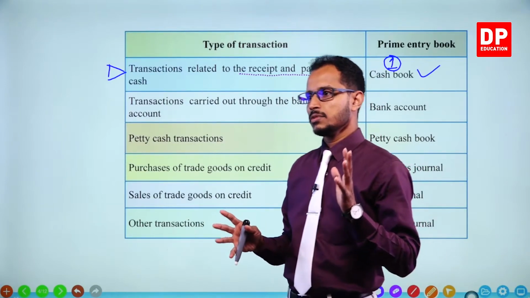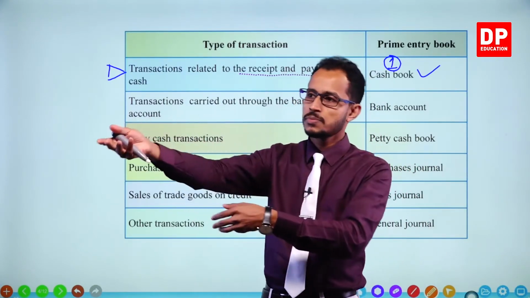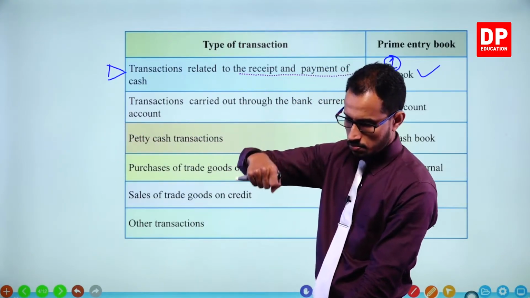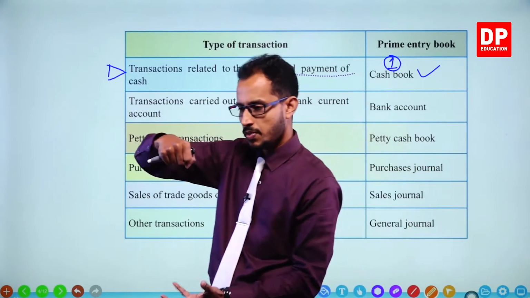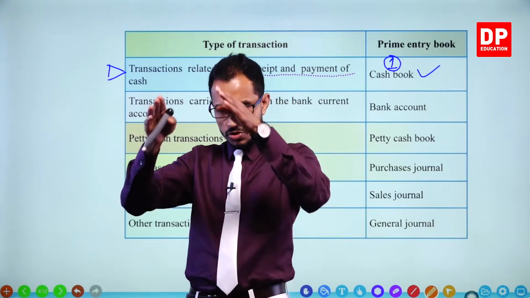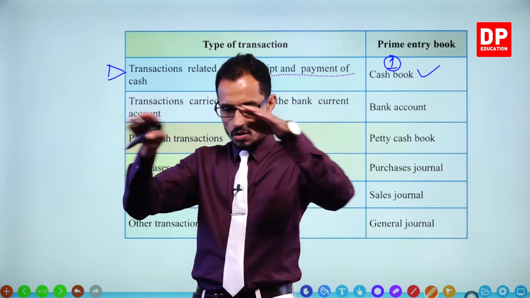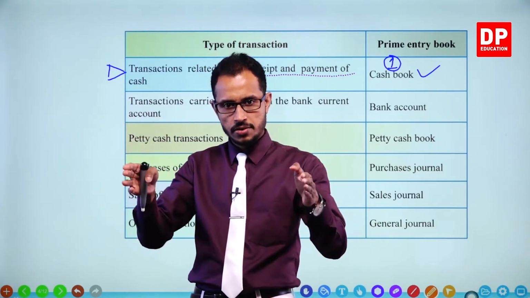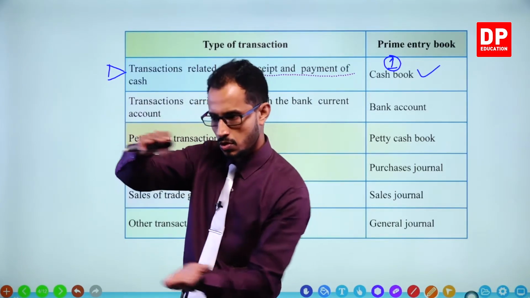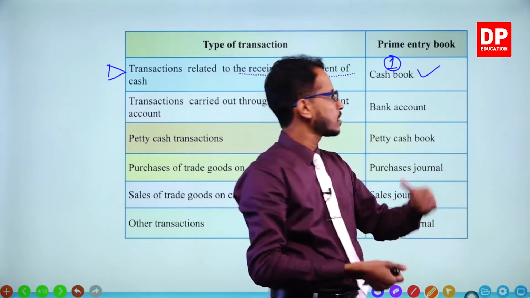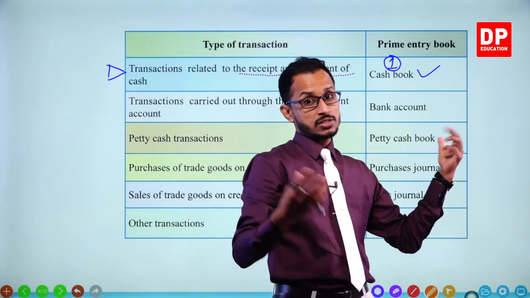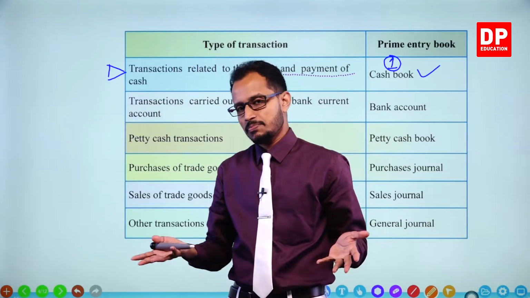Let's say you sell goods. A stock of goods goes out from the business, all right? But the customer pays the cash, so cash comes in. That is also a cash transaction. It's a cash receipt.